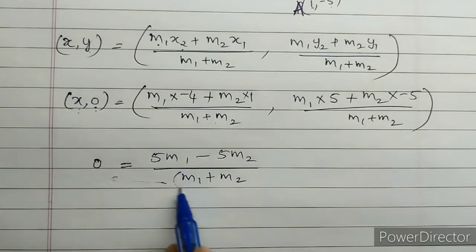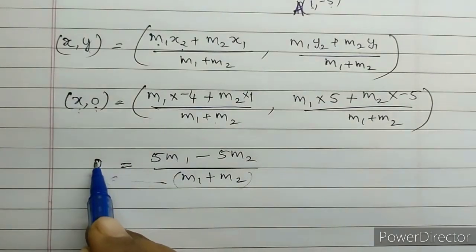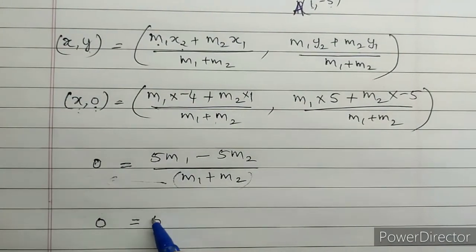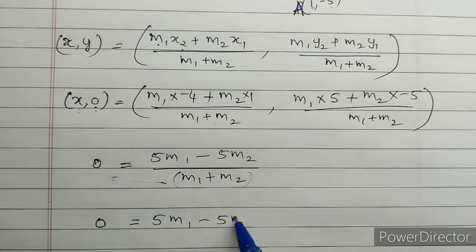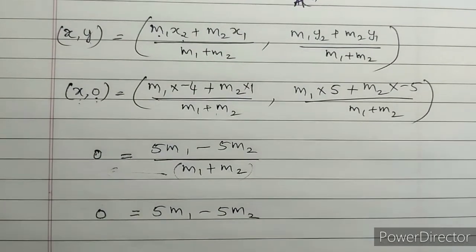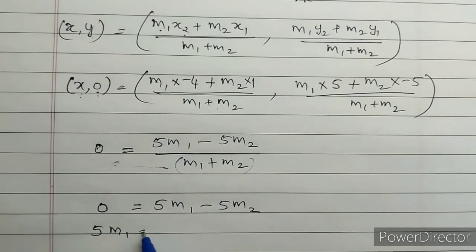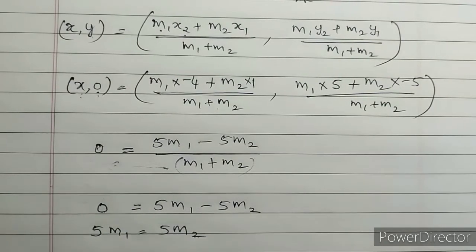This m1 plus m2 multiplied by 0 will become 0 only. Any number multiplied by 0 is 0. So 5m1 minus 5m2 equals 0; you bring minus 5m2 to the other side. So it will become 5m1 equals 5m2.